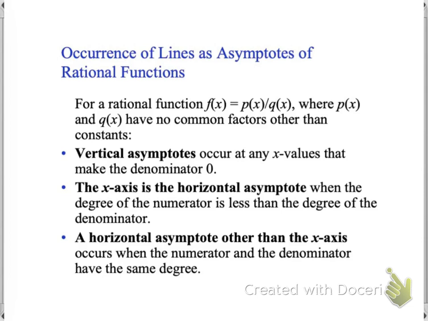Vertical asymptotes occur at any x values that make the denominator 0. So when you are talking about vertical asymptotes, you are looking at the denominator. You are going to set the denominator equal to 0. That's how you find your vertical asymptotes.